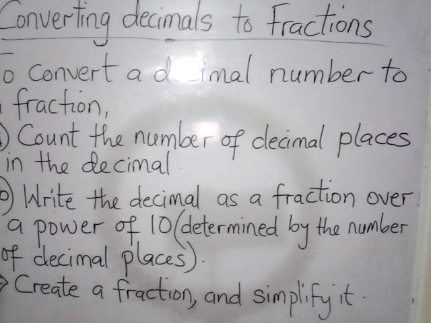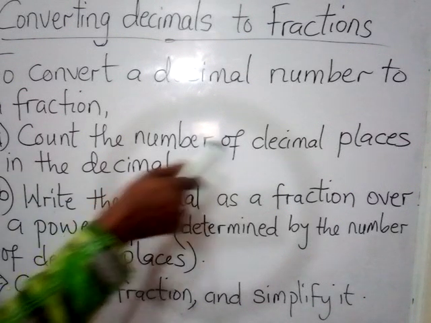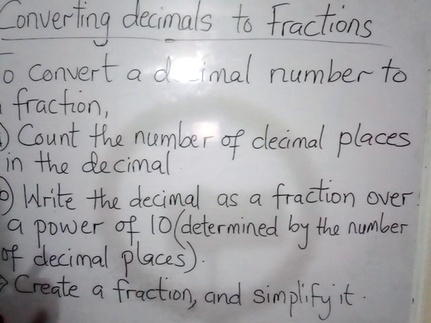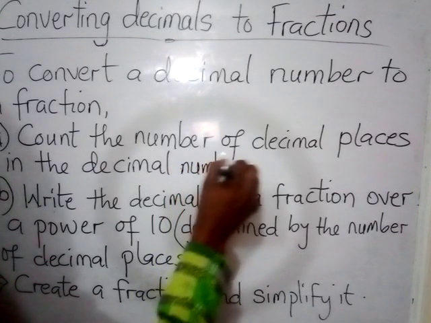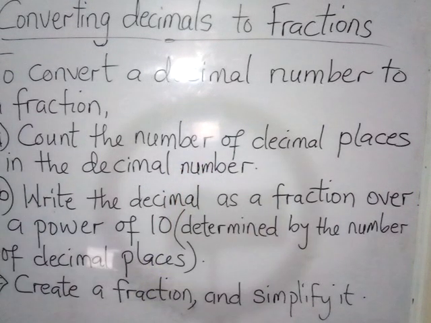So the first step is take note of the number of decimal places in that decimal number. That is, check how many digits are after the decimal point. That is the first thing you need to do to change a decimal number to a fraction.